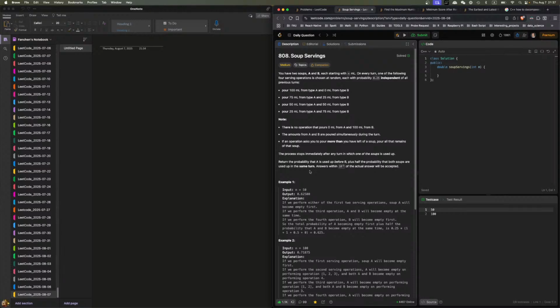What do you mean by both used up in the same turn? Wait, hold on. You're not pulling from A to B. You're pulling them out.